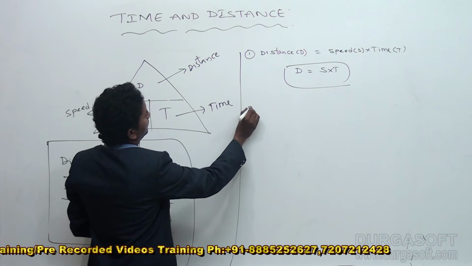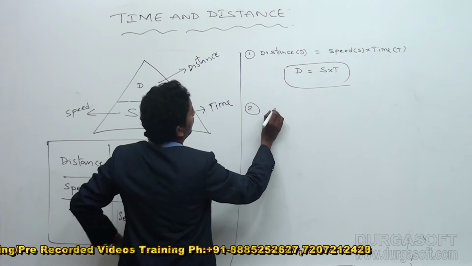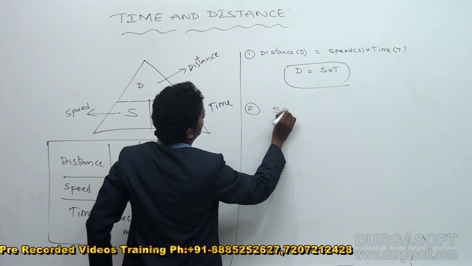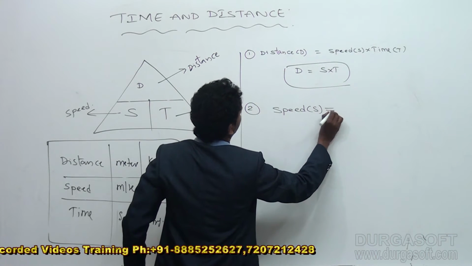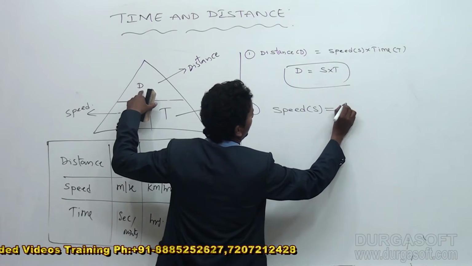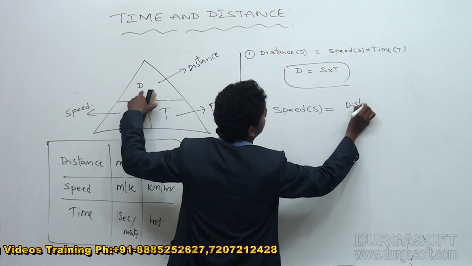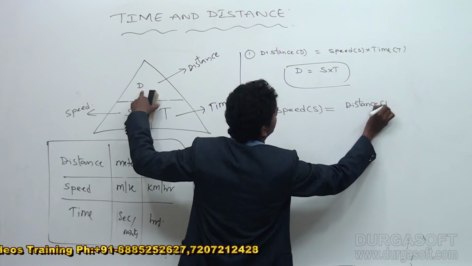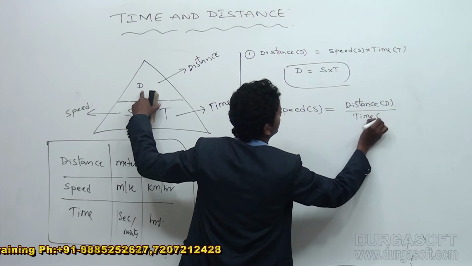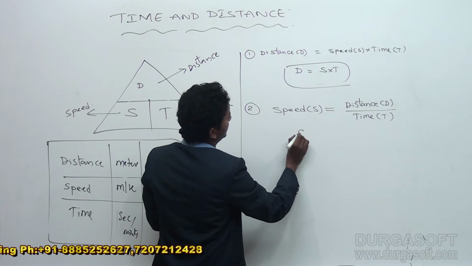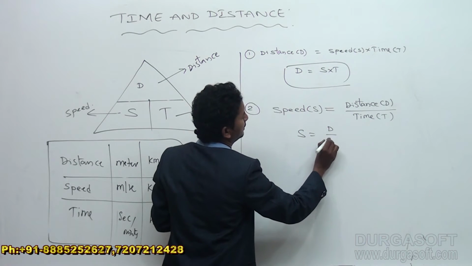Now again, if I want the speed, speed s is equal to distance d divided by time t, so s is equal to d by t.